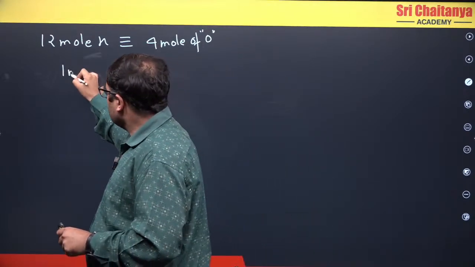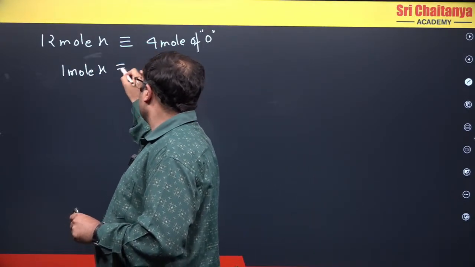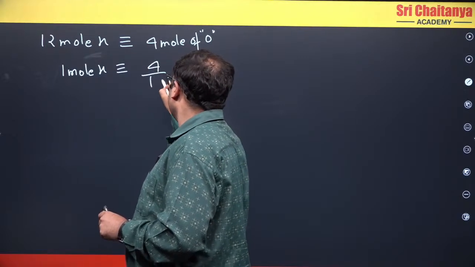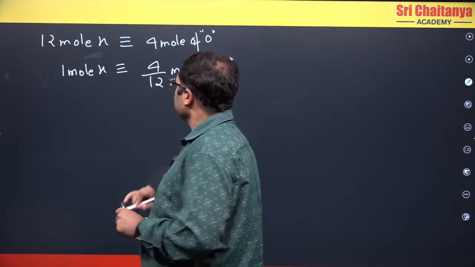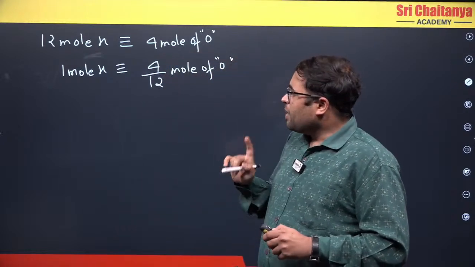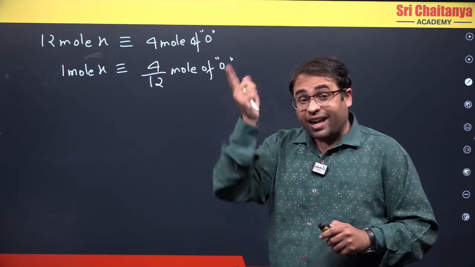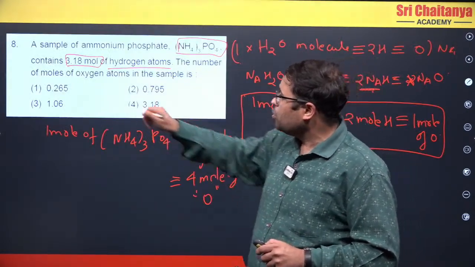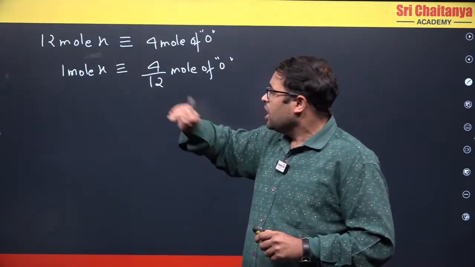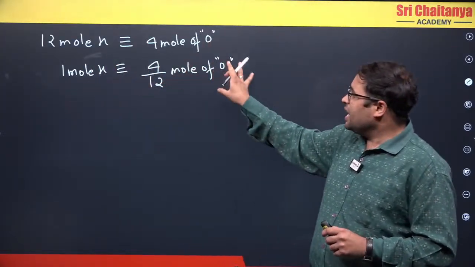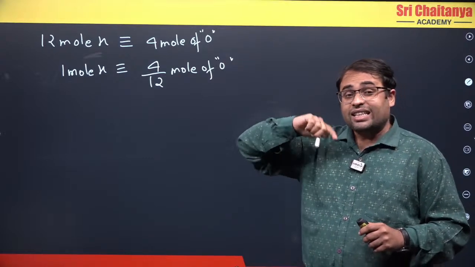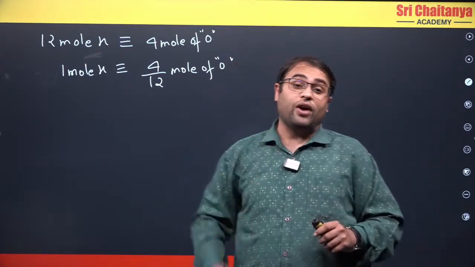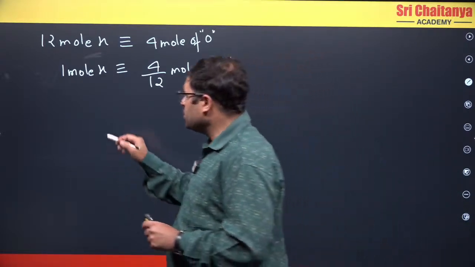So, now you will get 1 mole of hydrogen equivalent to 4 by 12 mole of oxygen, right? Remember that you have to make that quantity whose value is given in the question. So, you have 3.18 moles of hydrogen. If 1 mole of hydrogen is equivalent to these many moles of oxygen, then 3.18 moles of hydrogen will be equivalent to how many oxygens?